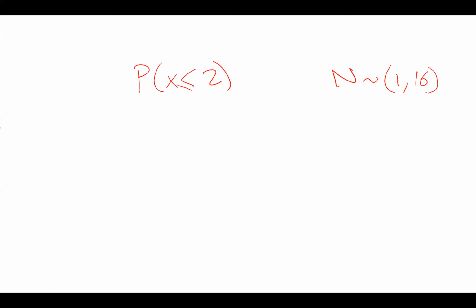I chose a number so that we can take the square root easily. Now we have x less than or equal to 2. So actually this is the CDF, F of 2.